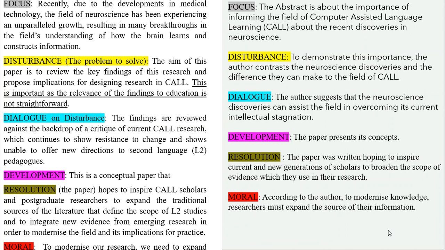According to the author, to modernize knowledge, researchers must expand the sources of their information. So, clearly, when you write the summary, you don't write those words focus or disturbance. They are just there for you to focus your thinking.